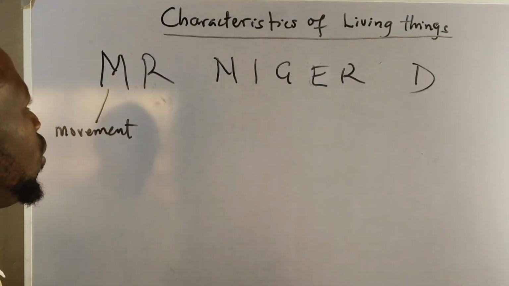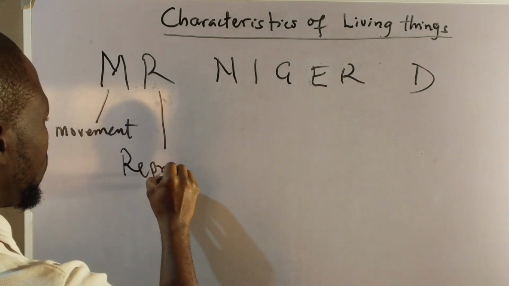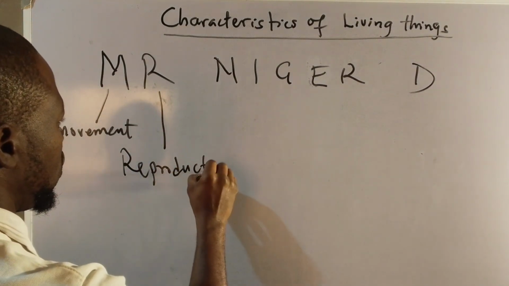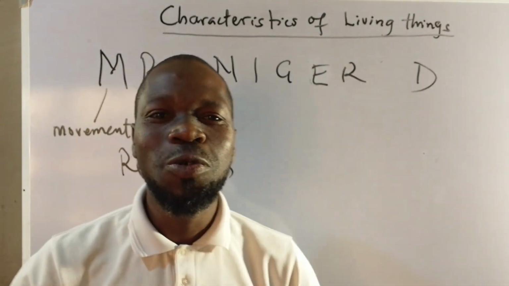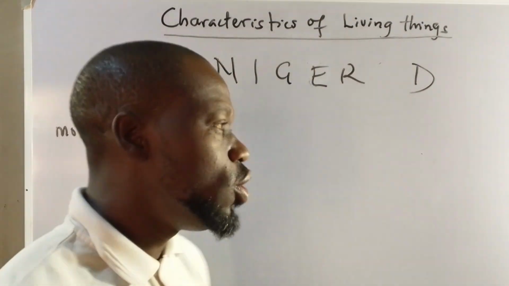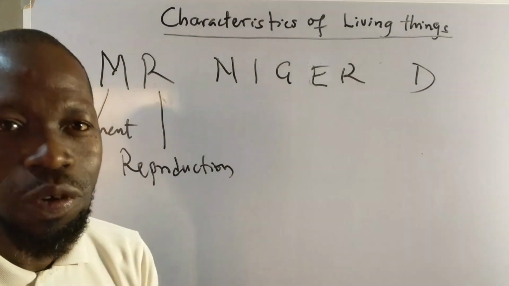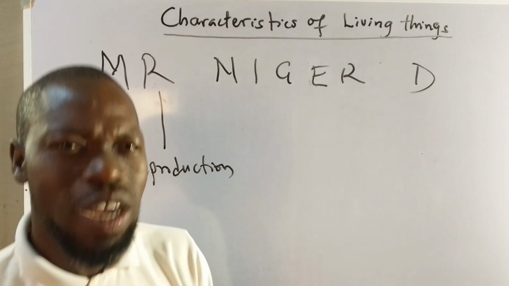Movement, that's one. Number two is what? Reproduction. For you to say something is a living thing, it should be able to regenerate itself. You should be able to give birth to younger ones. You should be able to reproduce. And we have different types of reproduction, like sexual reproduction and asexual reproduction.